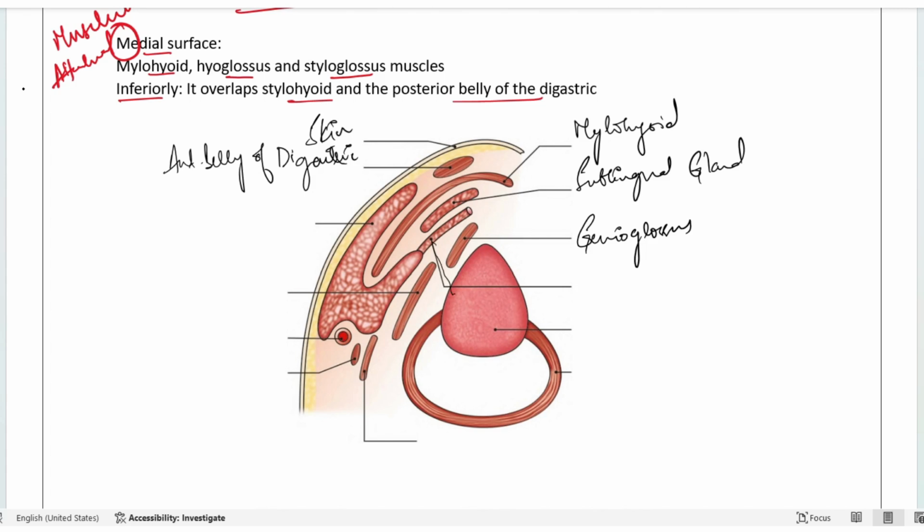The one duct coming here is the submandibular duct. This is tongue. This is pharynx. This is the submandibular gland. This is hyoglossus.